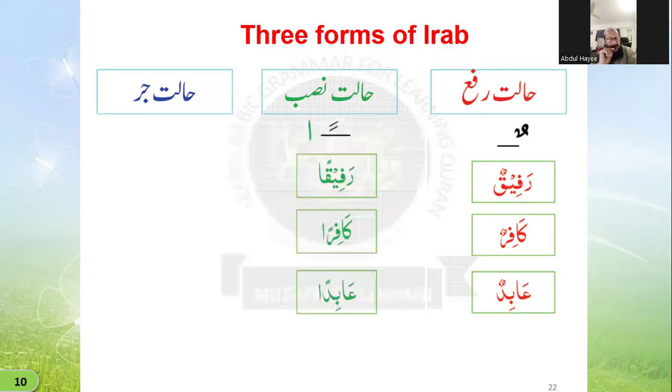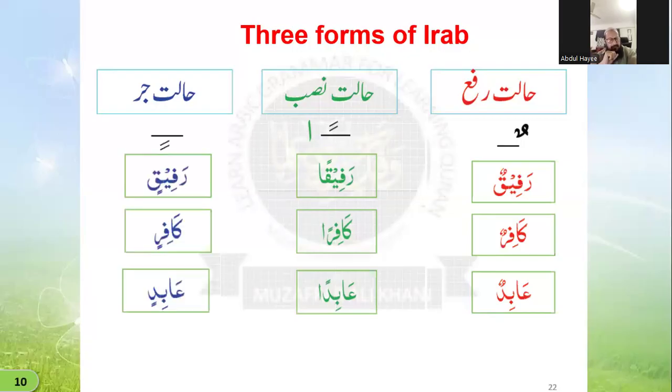The next is called halat nasb, when it has a fatah or double fatah, just like rafiqan, kafiran, abidan. And the third is called the state of jar, just like rafiqin, kafirin, abidin. So any ism, as the majority of isms belong to this three-state condition, meaning the ghair munsarif, we say they have raf, nasb, and jar.